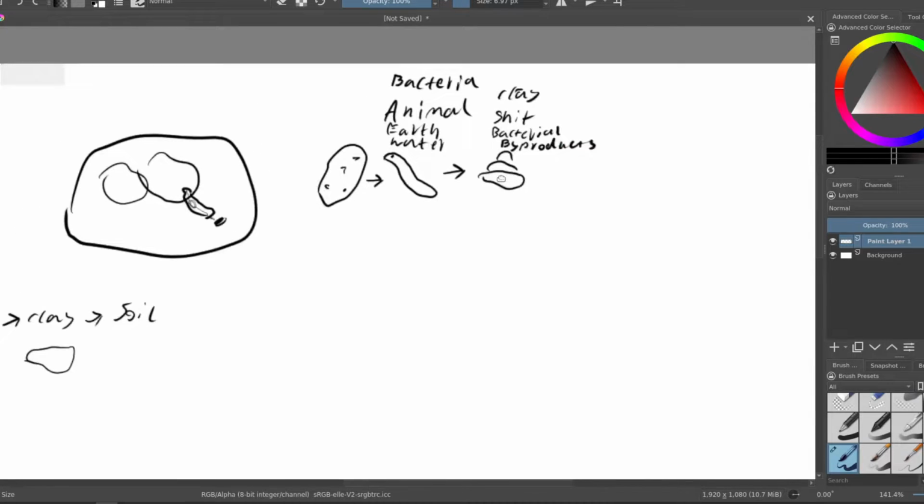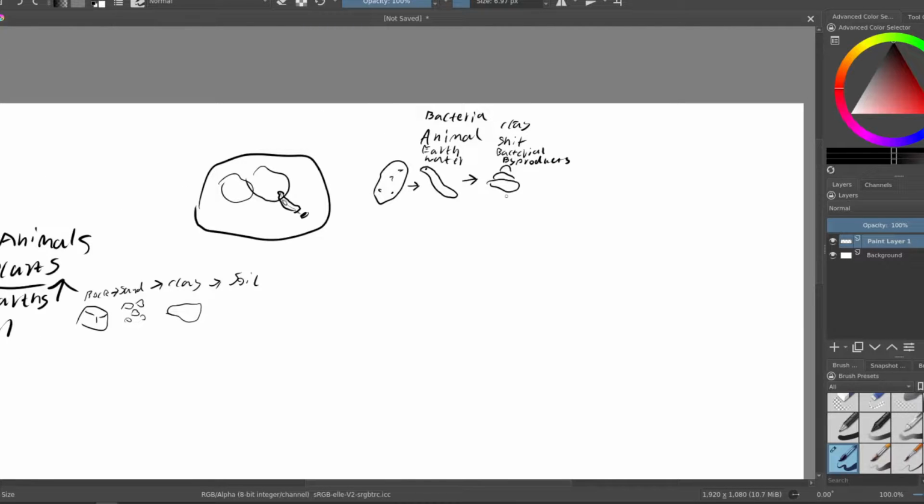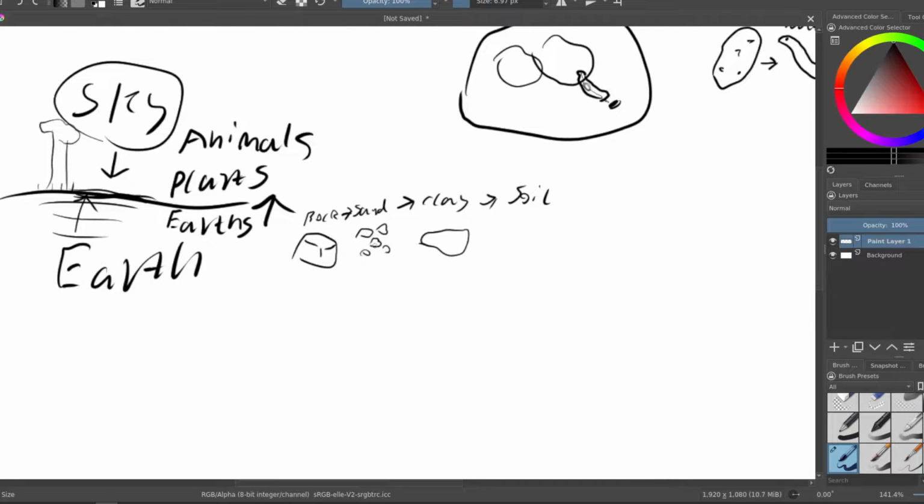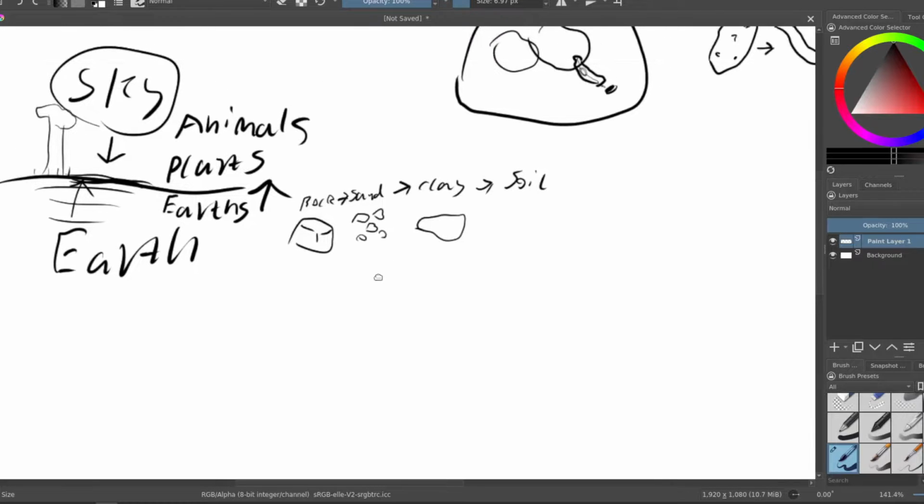Bacteria is interesting because it is the mediator between the elements. The mediator between the rock and the sand, and the sand and the clay, and the clay and the soil, of course, is water and heat and temperature, but it could also be bacteria. For example, minerals or rocks in a lake can be transmuted to a kind of powdery form, or suspended in water.